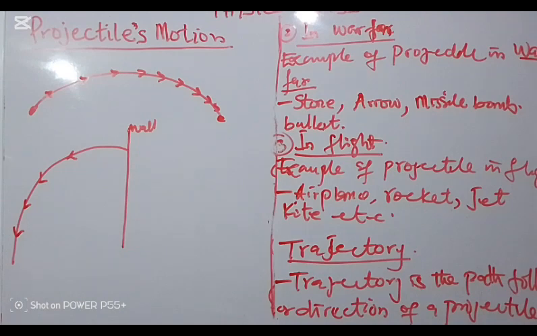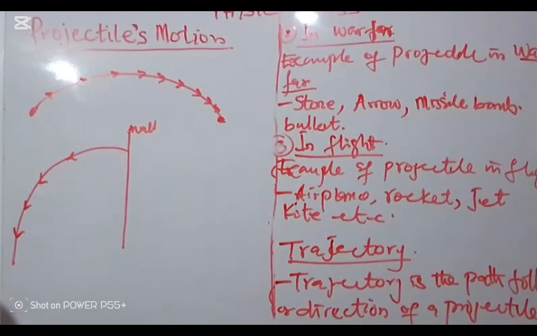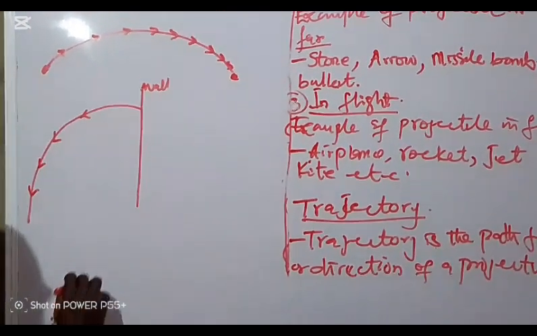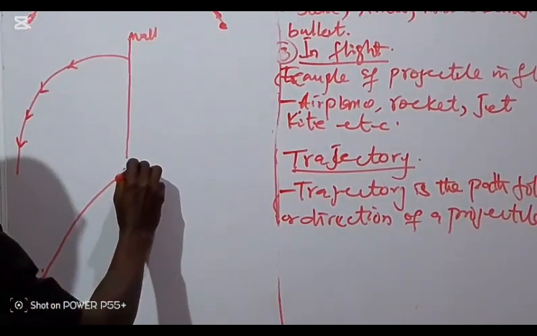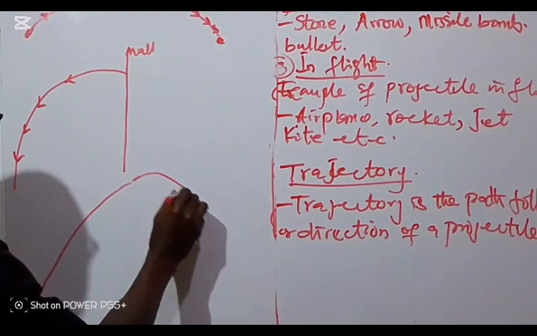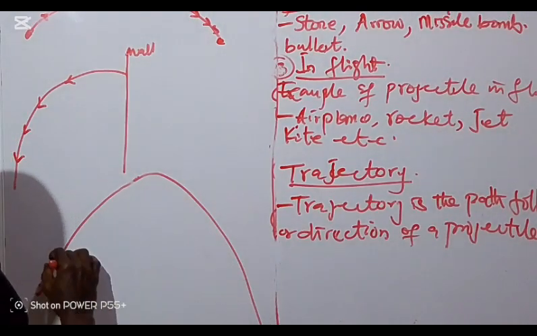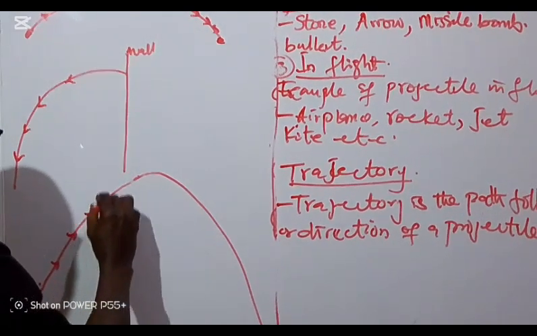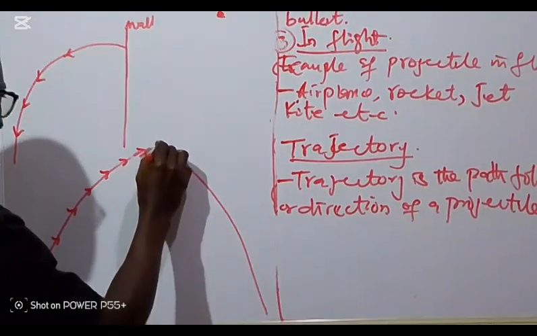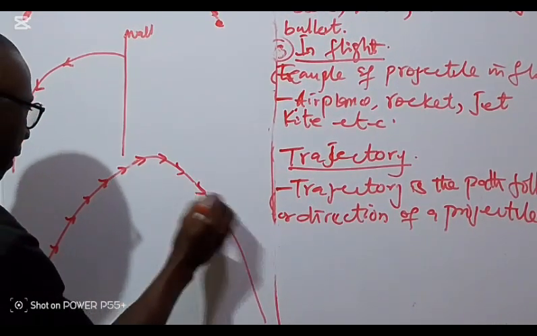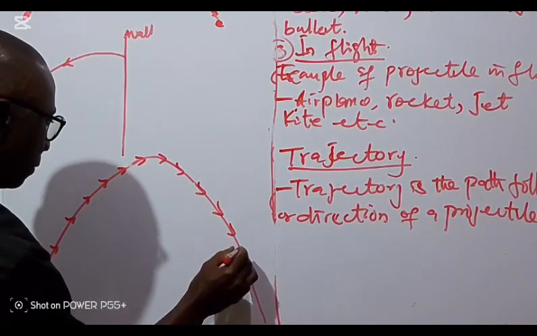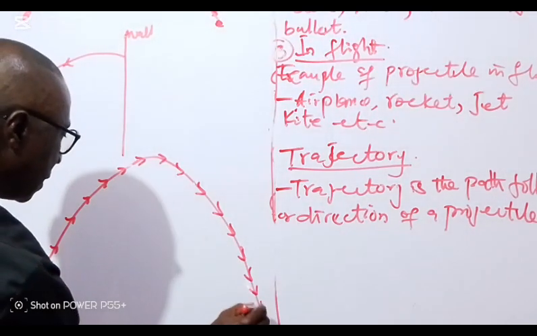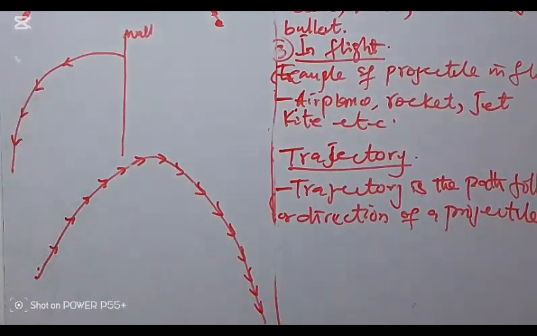Or if it is a stone released from a catapult, the stone will travel like this, move into the air and come back to the horizontal. So the path followed by any projectile is what we mean by trajectory.